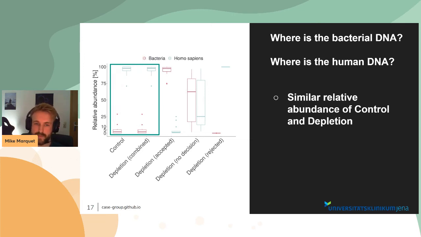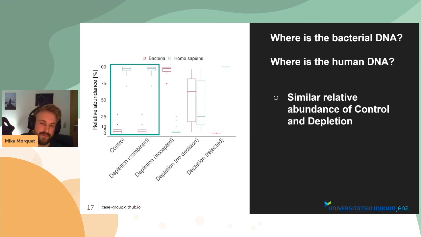But when you do adaptive sampling, the sequencer produces basically 3 different read fractions, which is the accepted read fraction, where you basically have only microbial DNA, as you can see here, but also a few human DNA reads. Then we have the no decision read fraction and the rejected read fraction.